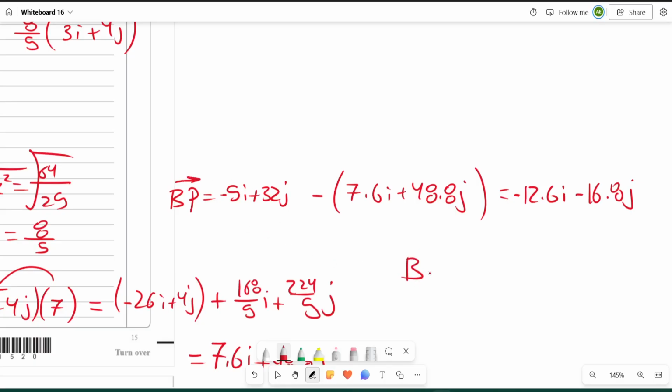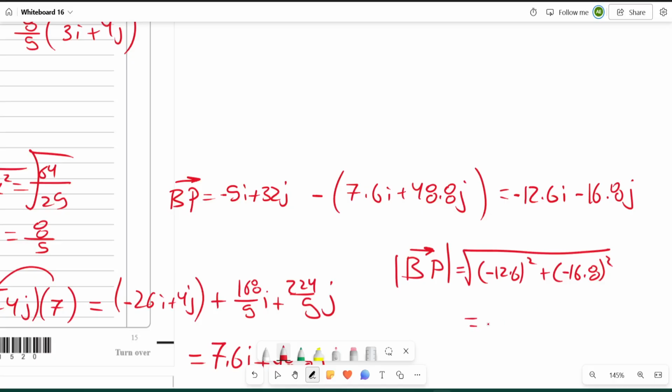This is the vector BP. The distance is going to be the magnitude of this vector over here, which is going to equal the square root of negative 12.6 squared plus negative 16.8 squared. That is going to give me an answer of 21 meters, and this is going to be my final answer.